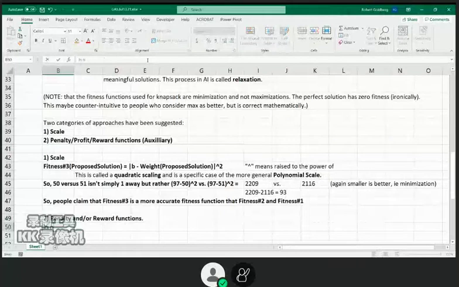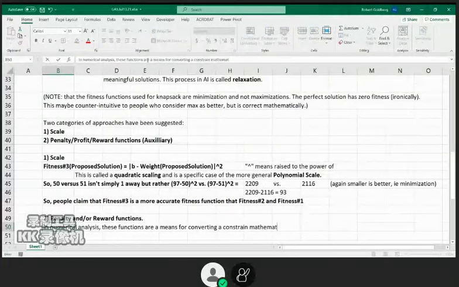All right, so let's talk about the history. In numerical analysis, that's where they were introduced. These functions are a means for converting a constrained mathematical problem into a non-constrained problem. How?